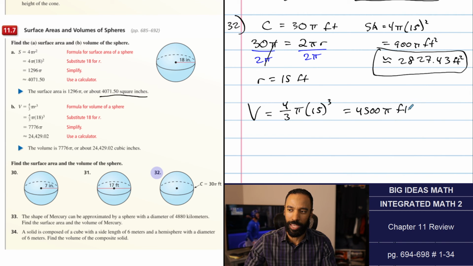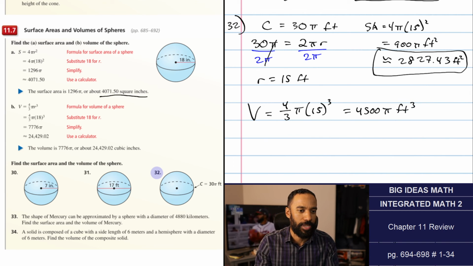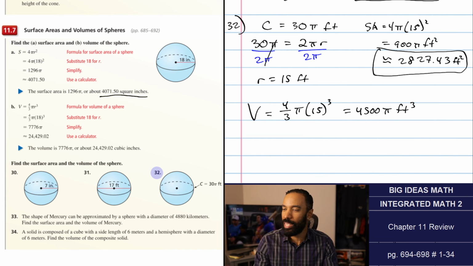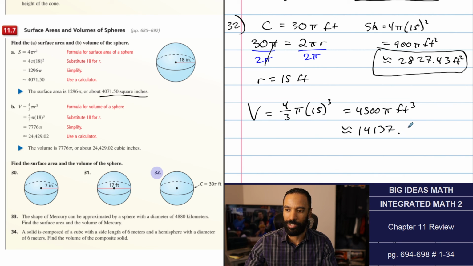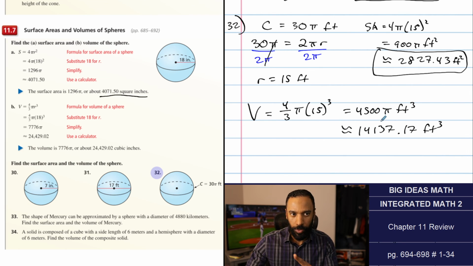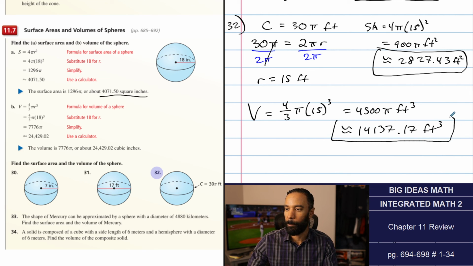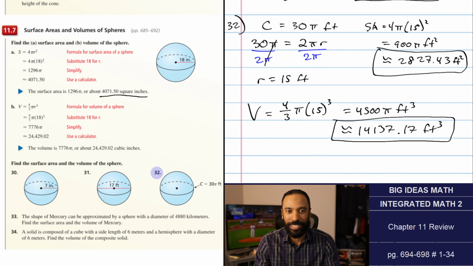I kind of like the look of that, so I wanted to write it out. Times pi, let's just see what it is. 14,137.17. Let me make sure I wrote that number right. 14137.16. Yes. Okay. So there is the volume and surface area of that particular sphere.